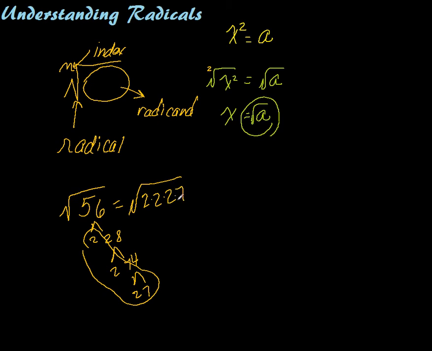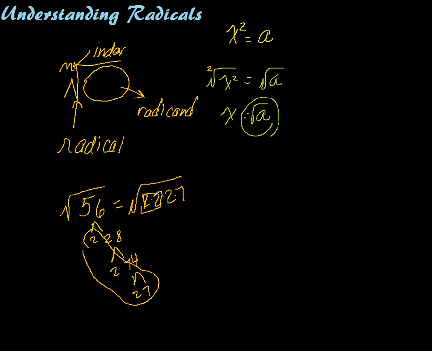Now, eventually you're not going to have to do this. When you understand what this is, I'm only doing this to show you. Up here, whatever my index is, that's how many factors exactly alike I'm looking for inside of here. Since it's a 2, I'm looking for 2 factors exactly alike. Well, there are two 2's right there.